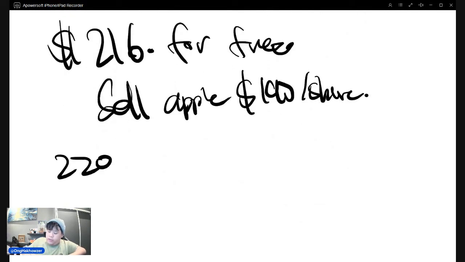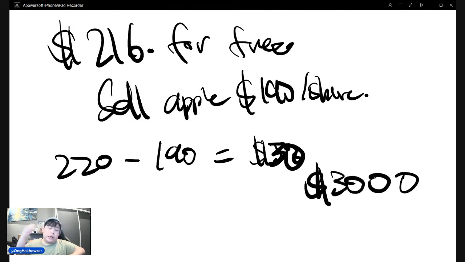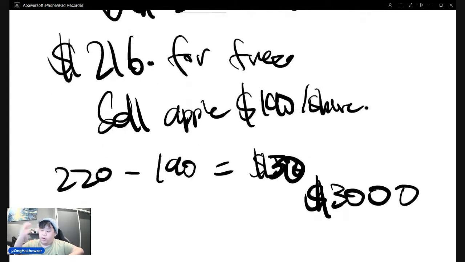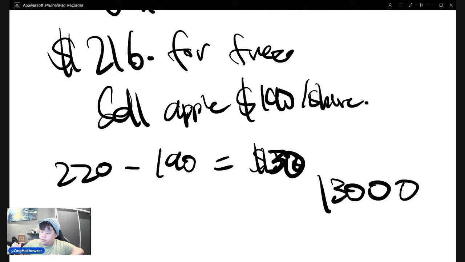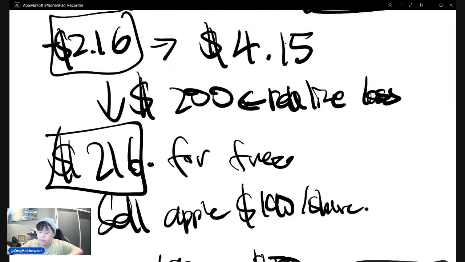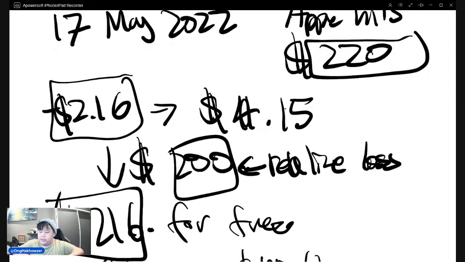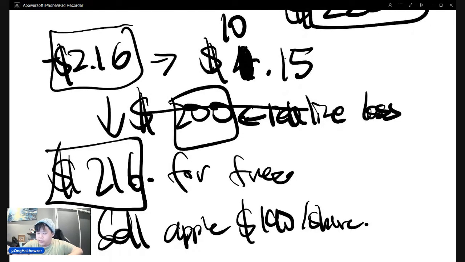That means 220 minus 190 equals $30, and that means you are essentially losing out on $3,000, for you to get $216. Of course, I'm not saying it's going to be $200 in your realized gains, because if it's going up to 220, chances are it will more realistically be about $10 or so. So let's not care about this loss for now.